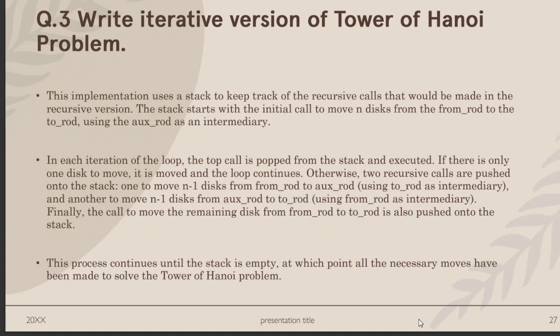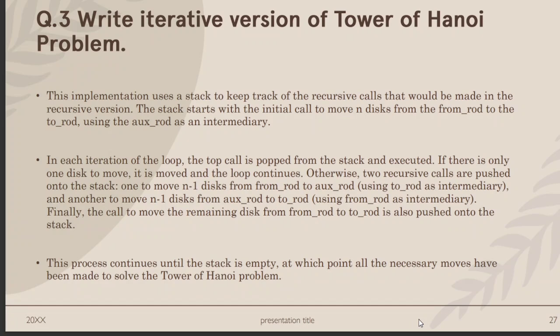If there is only one disk to move, it is moved and the loop continues. Otherwise, two recursive calls are pushed onto the stack, one to move n-1 disks from the source rod to the auxiliary rod using the destination rod as intermediary, and another to move n-1 disks from the auxiliary rod to the destination rod using the source rod as intermediary.